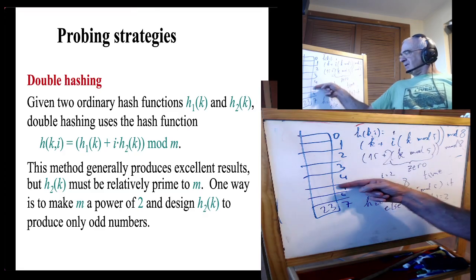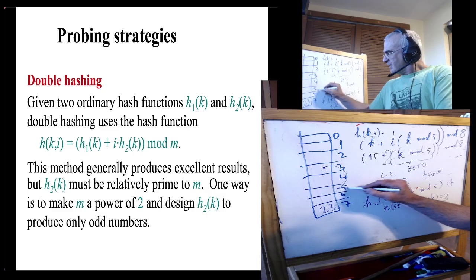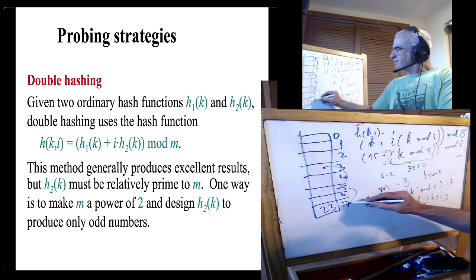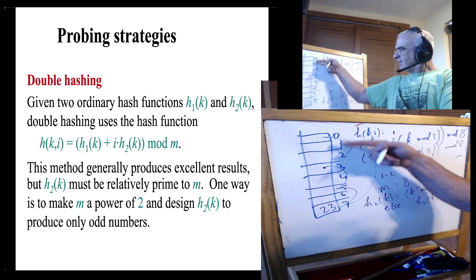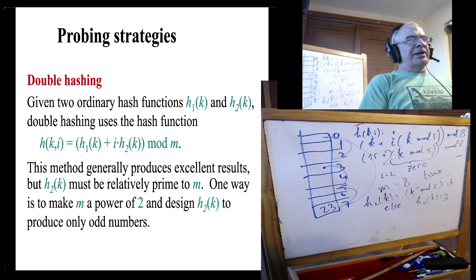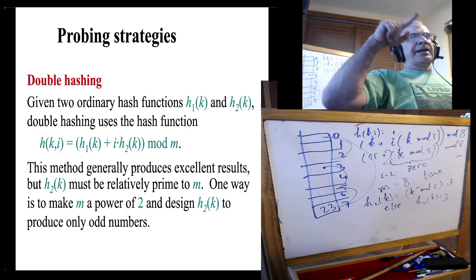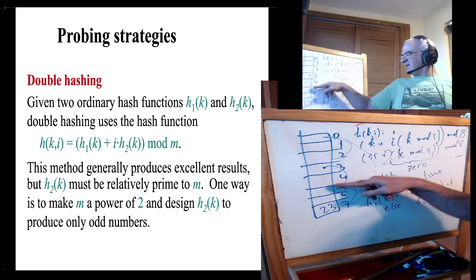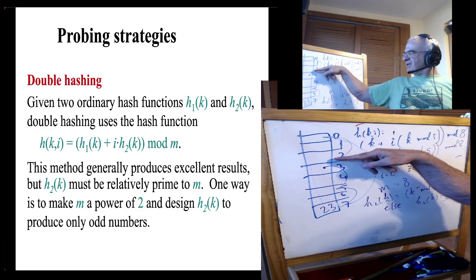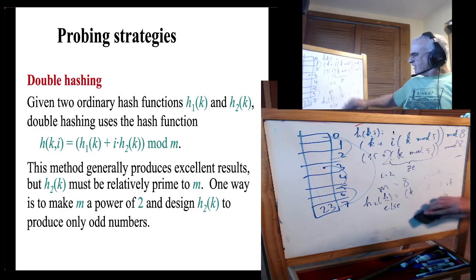I'm only inserting into the even places until I come back and return to the very same number. So it might be that I'm performing the same sequence of probes, right? Let's make it easier.